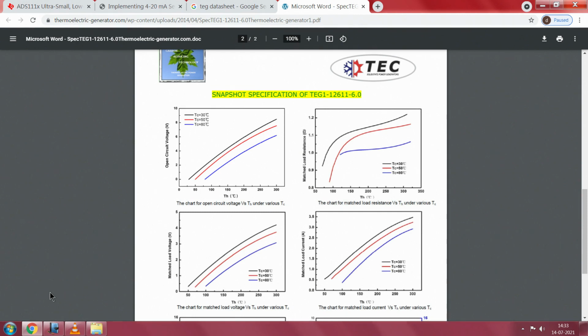If you are not getting that number, definitely you are not maintaining the differential in a strict manner. You may be able to measure the differential, but you may not be able to maintain it. Then what will happen is the heat will percolate from the hot side to the cold, the difference will come down, and when the difference comes down, the open circuit voltage will also come down.